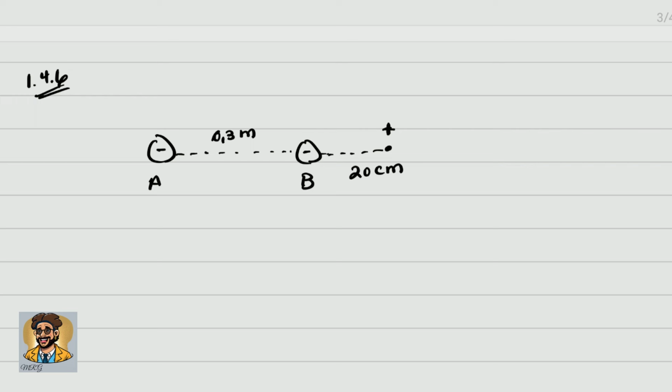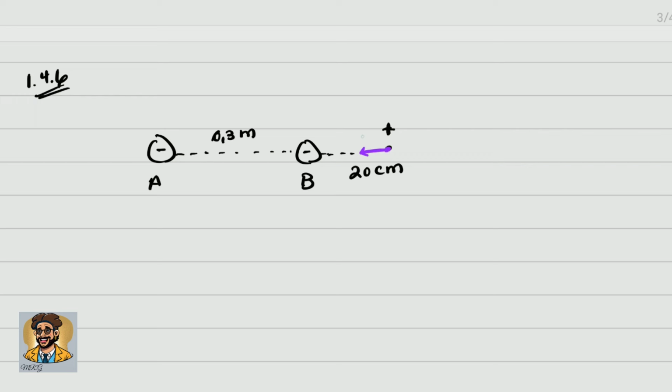All right, so now what is the problem with this specific point? This point is being affected by the electric field of A as well as the electric field of B. Both charges have an influence on that specific point. So there are two vectors acting on that point. All right, there is the electric field due to charge A.